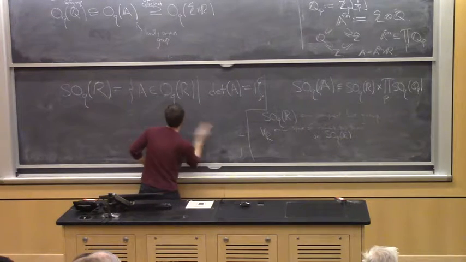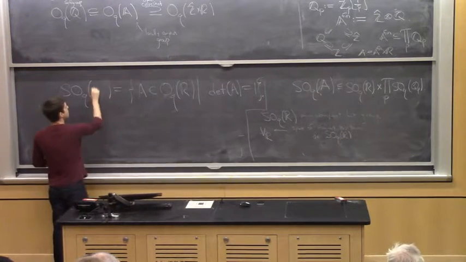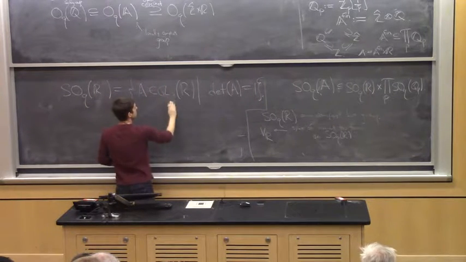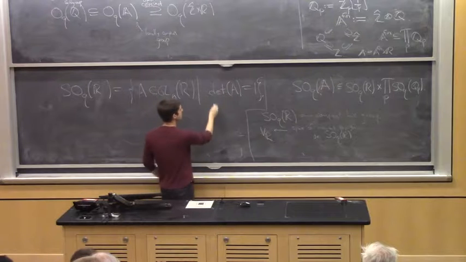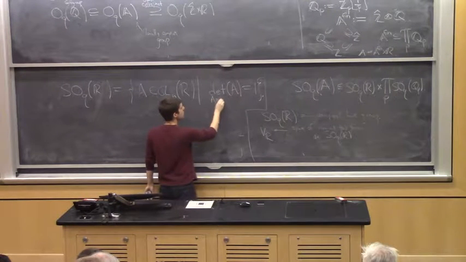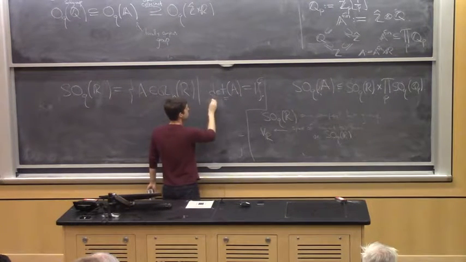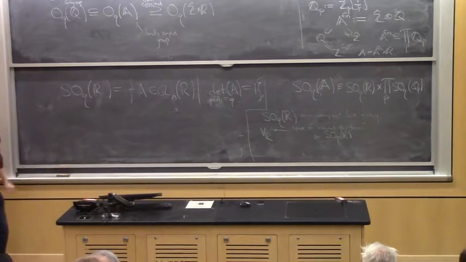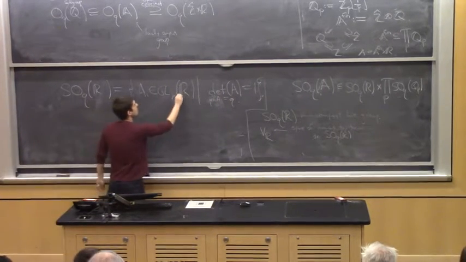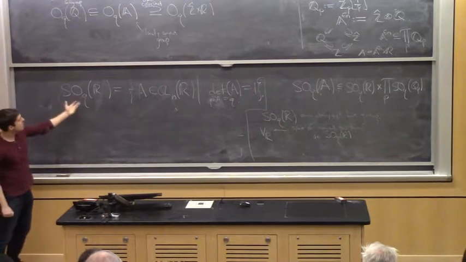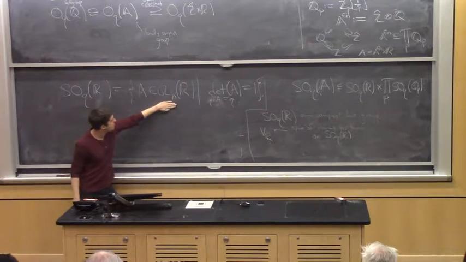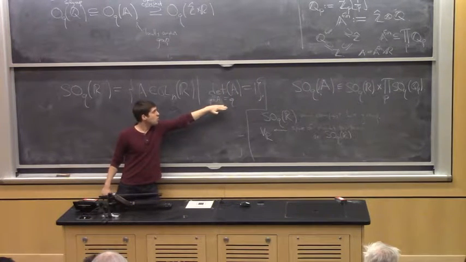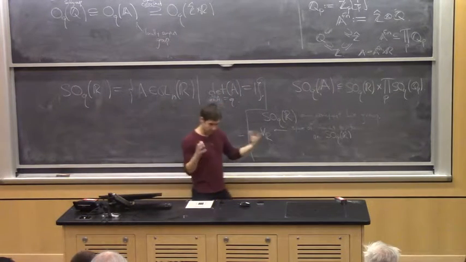So SOQ of the real numbers is the collection of all A in GL_n of the real numbers, such that the determinant of A is equal to 1, and Q composed with A is equal to Q. So this is an example of a linear algebraic group. It comes to you as a collection of n by n matrices that satisfy some equations that can be written as polynomials in the coefficients of the matrix.